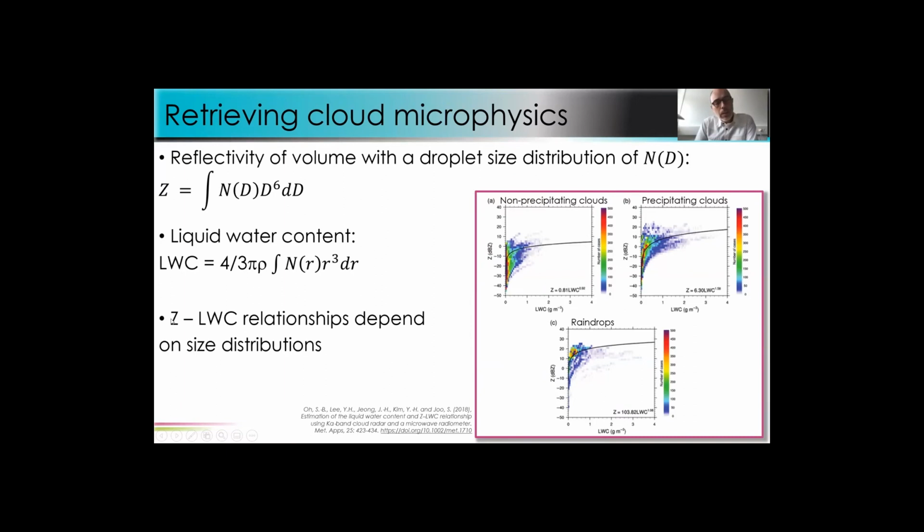So the relationship between reflectivity and liquid water content actually depends on the size distribution. As you can see on this figure, the relationship between the two variables is different for non-precipitating clouds, which have typically smaller droplets, precipitating clouds that include larger droplets, and then the raindrops, which is yet another size distribution regime.